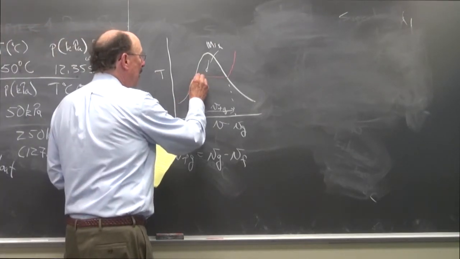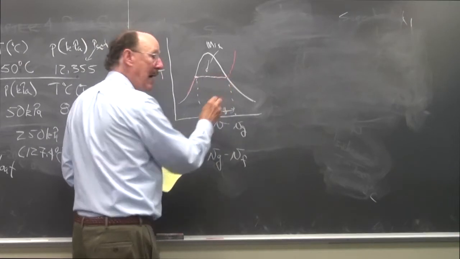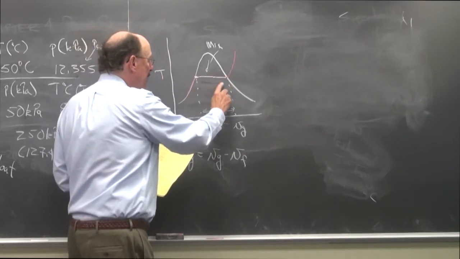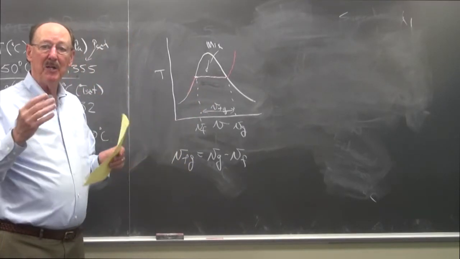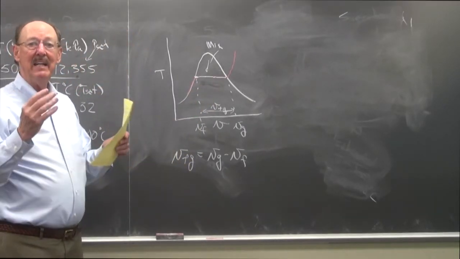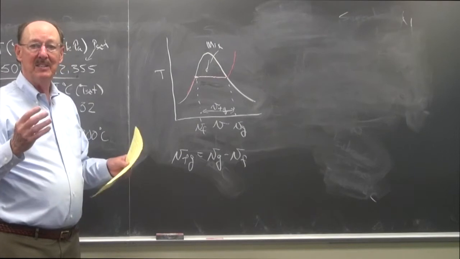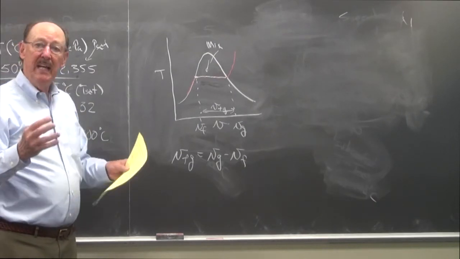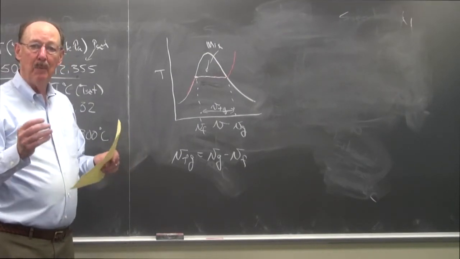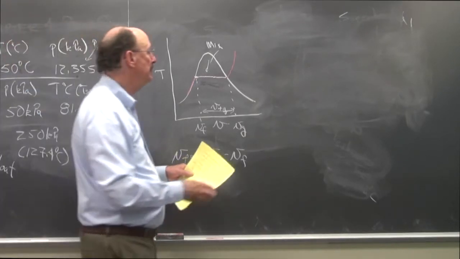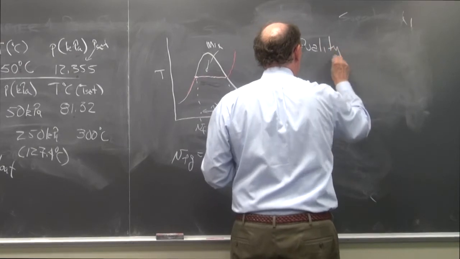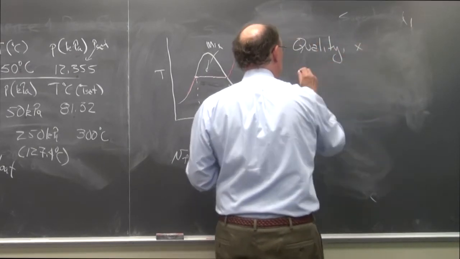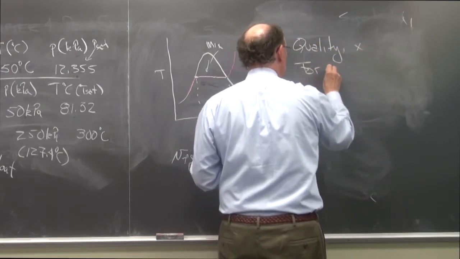So if I want to find out how far along I am in this evaporation process, how much has it evaporated, I need another property besides temperature and pressure. And within the mixture region, we have a property called quality, X. It is for the mixture region only.